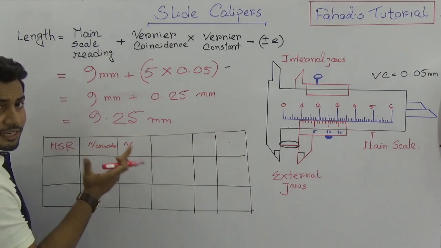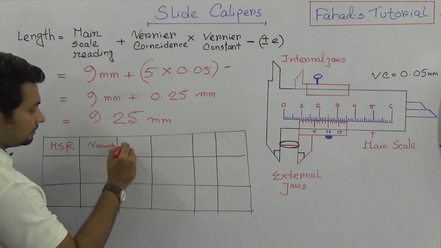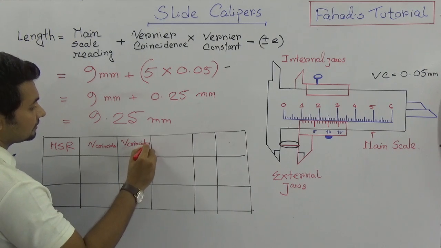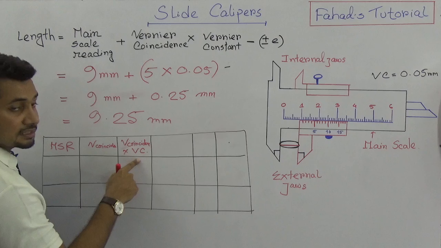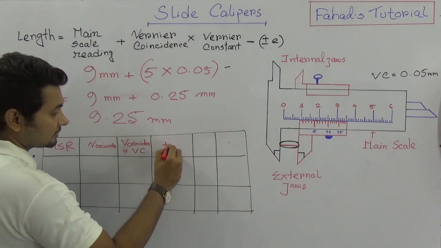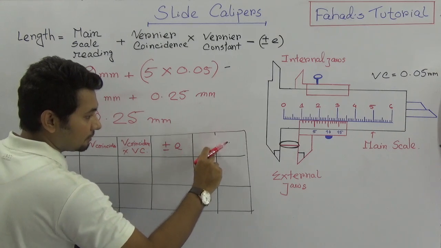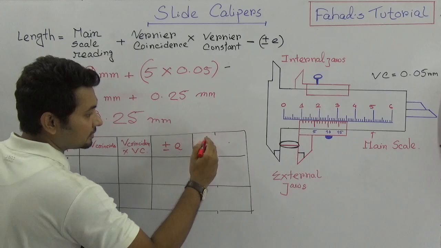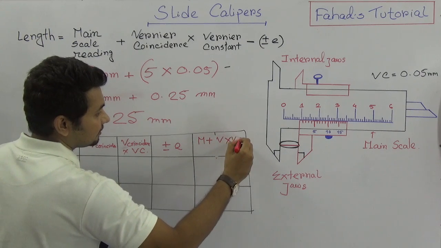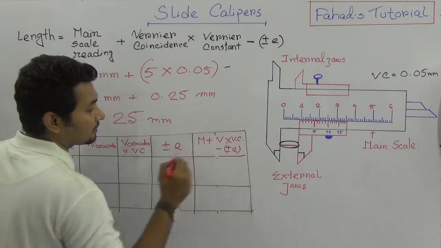The Vernier Constant is actually fixed; it does not change. So at this point we will use the Vernier Coincidence times the Vernier Constant, and then the next part we'll find the mechanical errors, and this part would be the main thing, or we can actually diminish this one. We can use M plus V times VC, plus or minus errors.